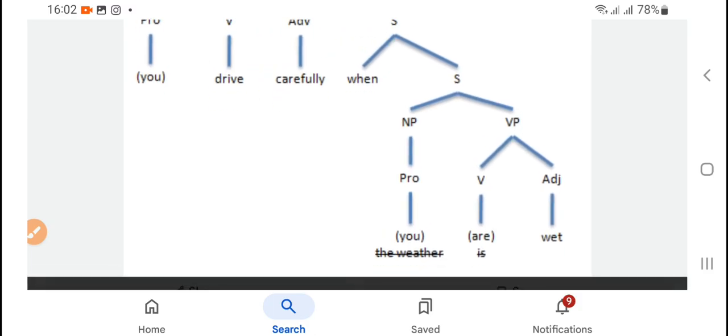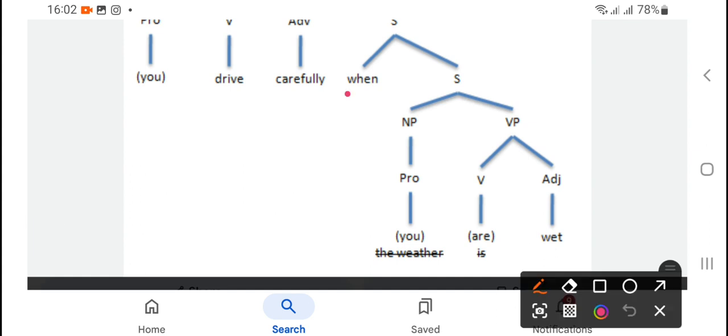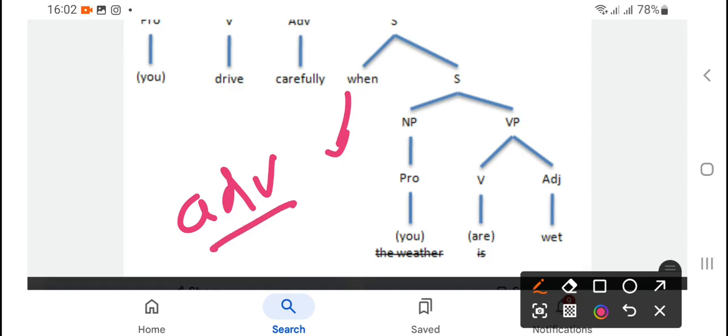When is adverb of time, actually adverb of time, when this work is to be done. Then you are wet, again sentence, so you, and then are verb, wet adjective, right?